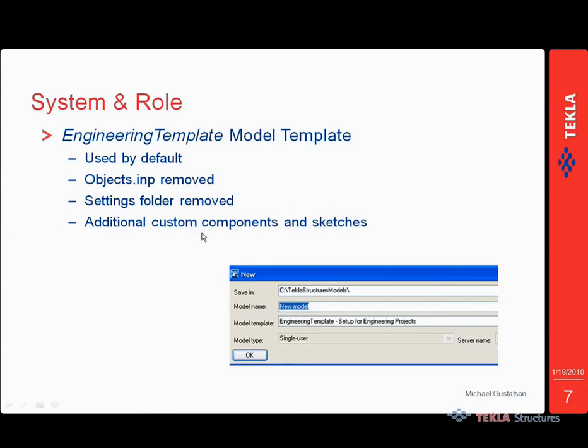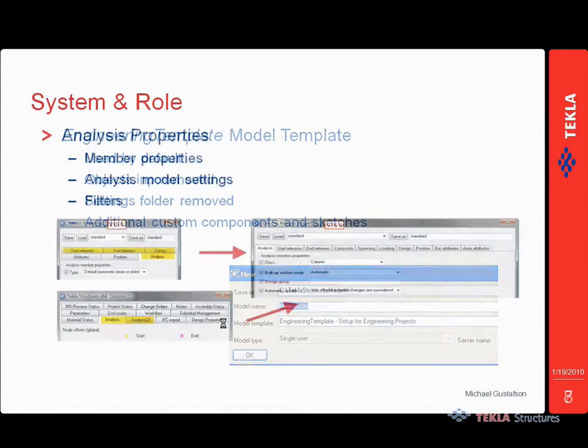The model template just stores some default custom components and sketches in the database file that are useful. If you don't want to import the custom components in, you can just automatically start a model and have these default custom components. So again, the engineering template will automatically be loaded whenever you create a new model.